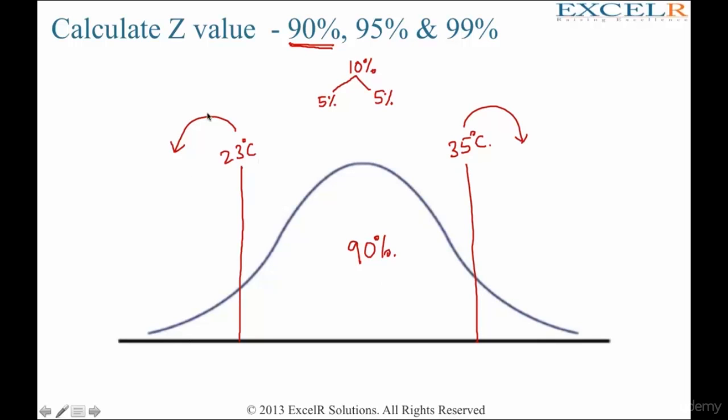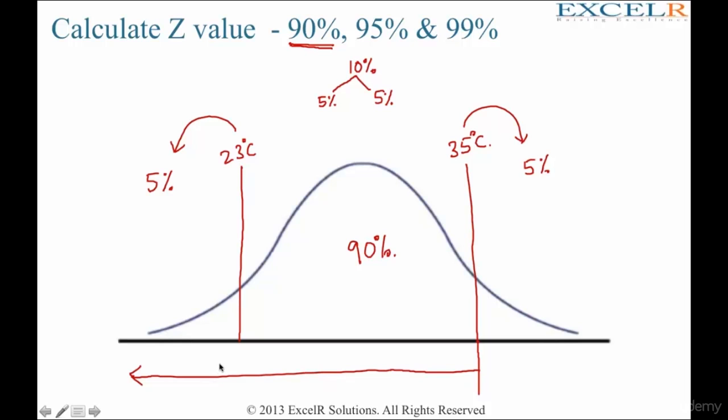So since there is equal opportunity, there is a 5% chance that temperature might be less than 23 degrees Celsius, and a 5% chance that temperature can be greater than 35 degrees Celsius. And you know for a fact that if you have a Z value, you can calculate the probability, but it will calculate the complete region towards the left by default.